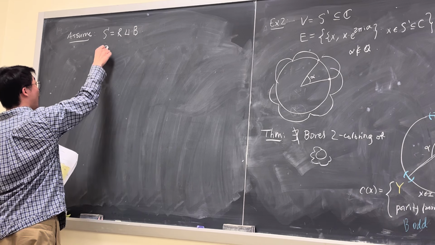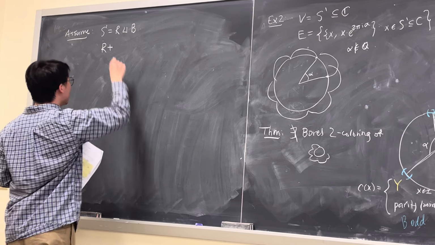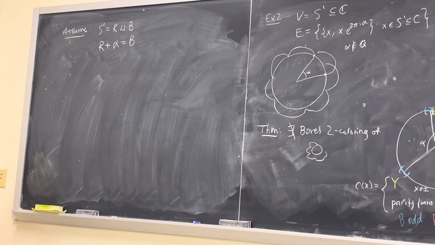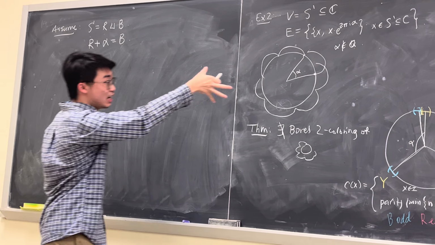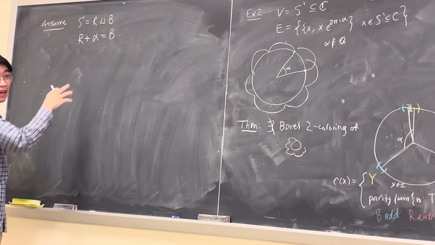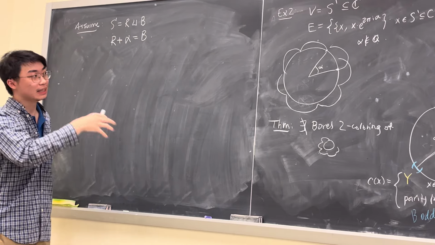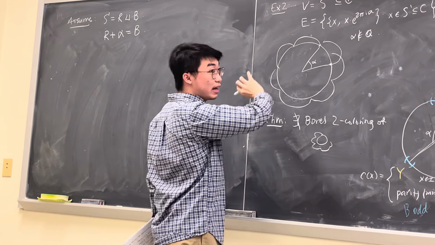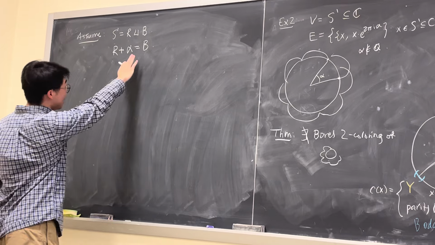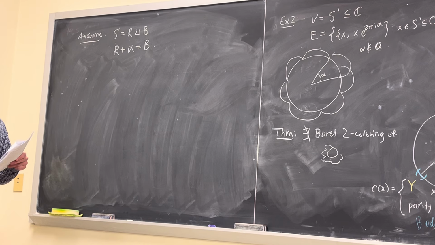Well, observe the following fact. I claim that R plus alpha is equal to B. Okay. This should be quite intuitive. If I rotate the red set by an angle of alpha, or I use the addition alpha here as an angle parameter, it must be the blue set. And in fact, it is an exact equality.